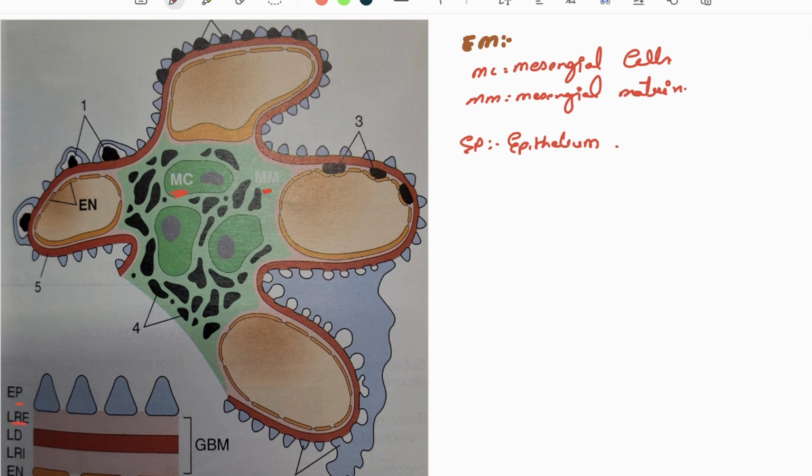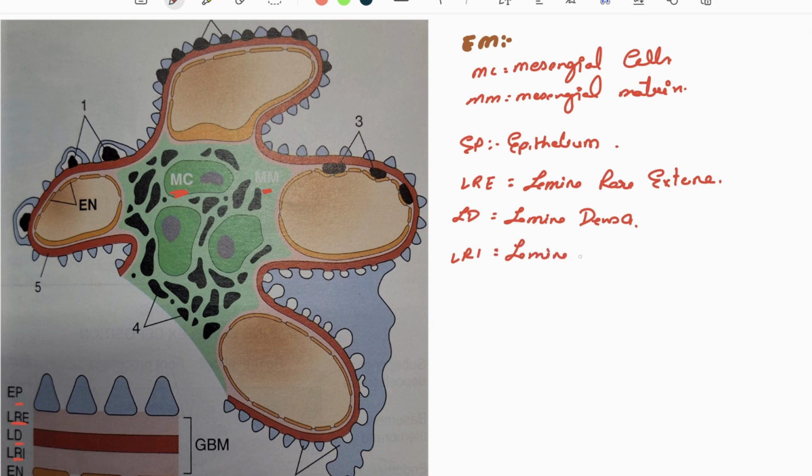LRE means lamina rara externa. LD means lamina densa. LRI means lamina rara interna. EN means endothelium.